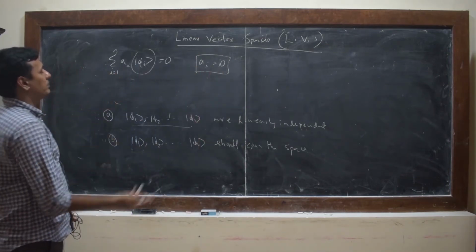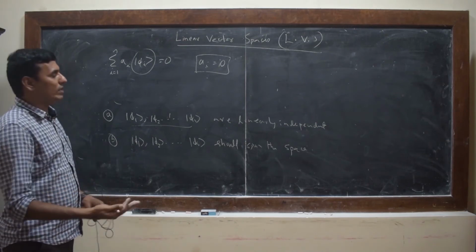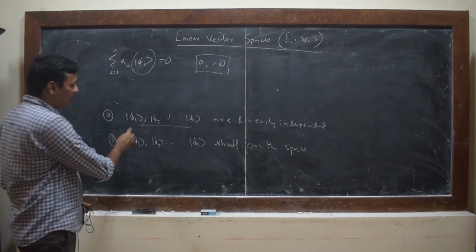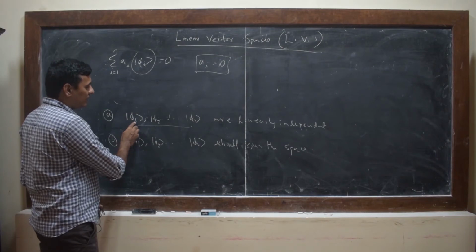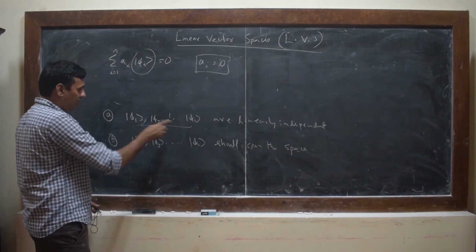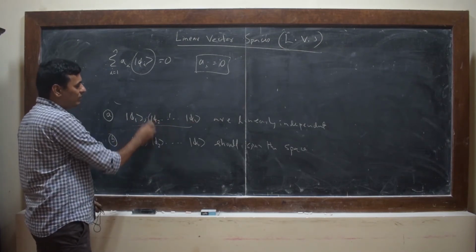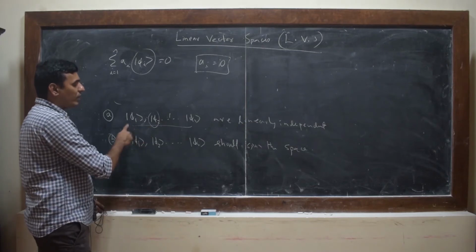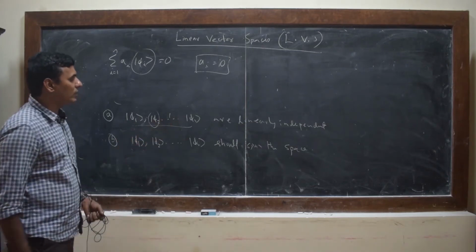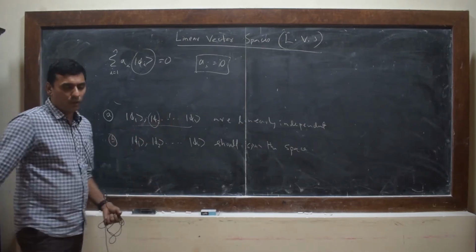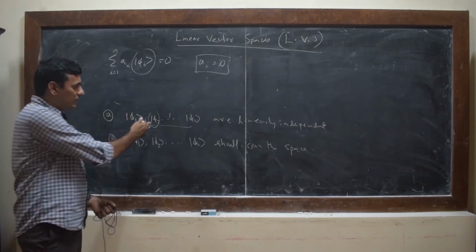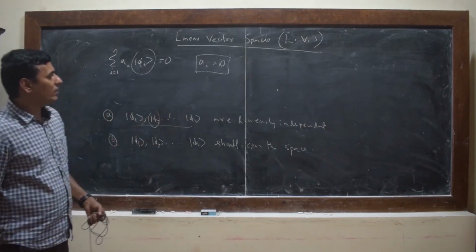This says that there are n vectors here, and any of these vectors you cannot write in terms of the other vectors. If you take any vector of this set, you cannot write it in terms of the others.